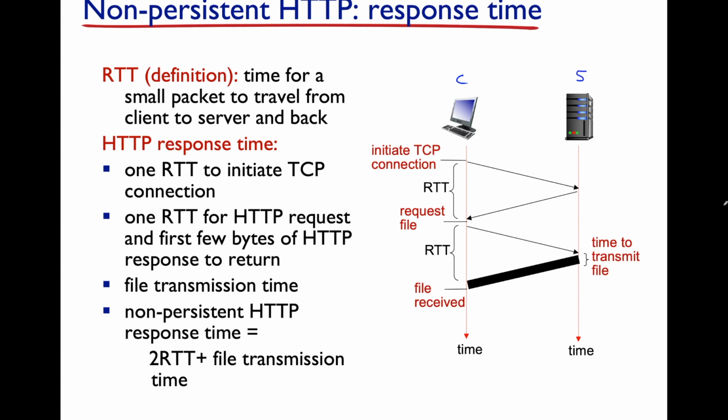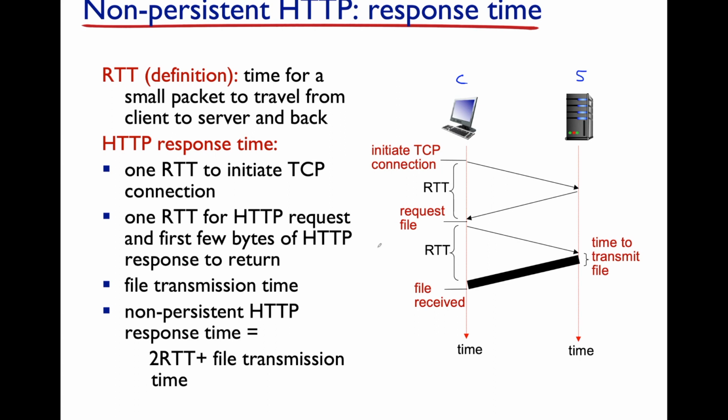And the RTT is the time it takes for a packet to travel from the client to the server and back again, hence the name round-trip time. And so the HTTP response time is that time for one RTT to initiate the connection and one RTT for the request to get the first few bytes of that resource or response it gets from the server.